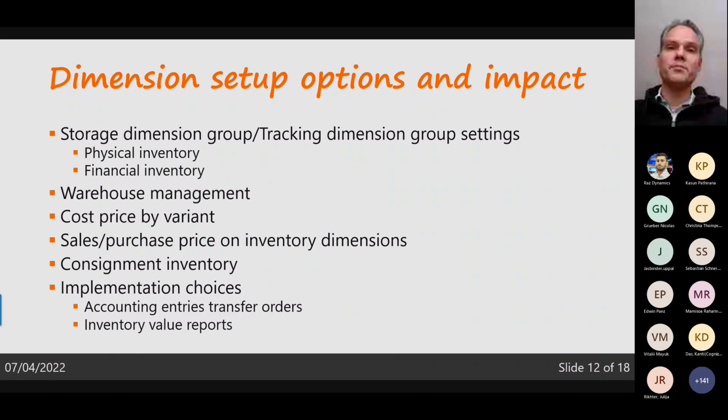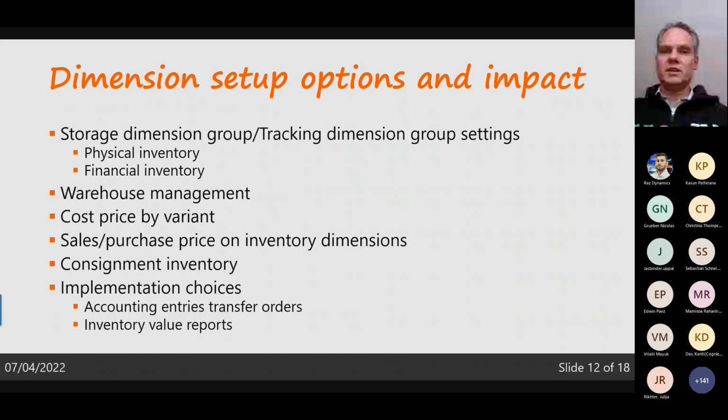But another option for the implementation choice and the impact of enabling the financial inventory, I will come back to now with a real example. If you enable the financial inventory on a certain storage or tracking dimension group, it will also create accounting entries if you do a transfer between such dimensions.